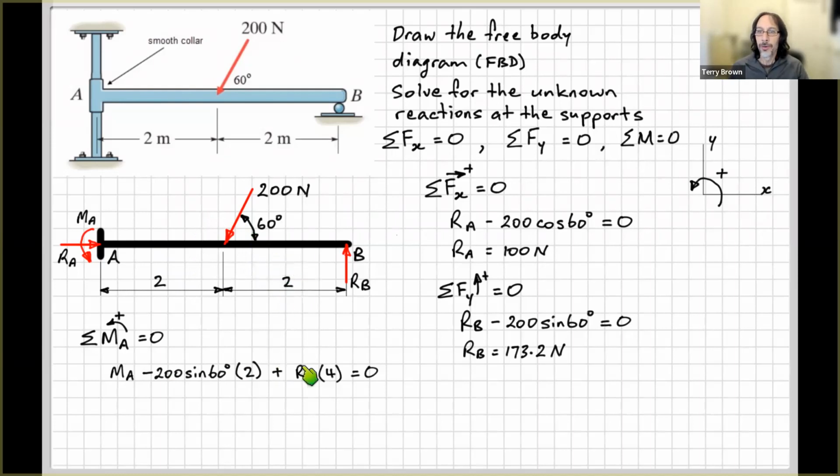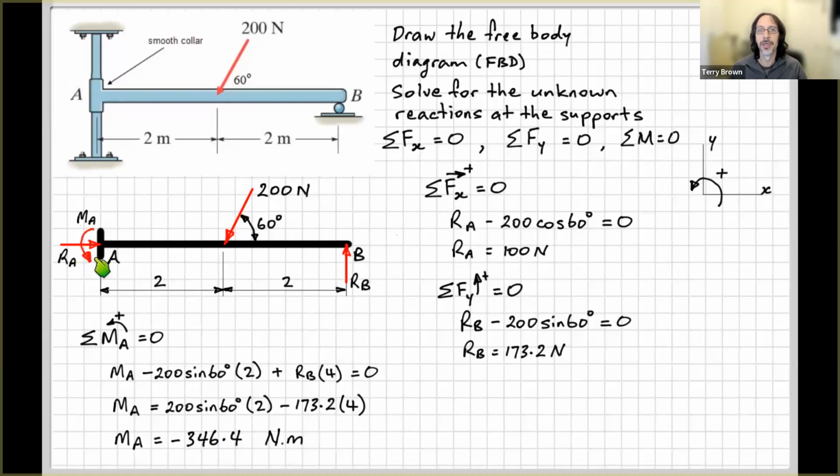All right, so substitute for RB, solve for MA, and we get minus 346.4 Newton meters. So this negative value indicates that we made the incorrect assumption about whether MA was clockwise or anti-clockwise.